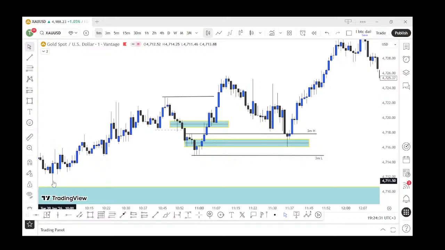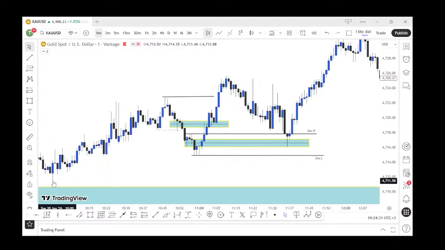Now if you go to 3 minutes, you can see also that this was the candle which took liquidity. After taking liquidity, then we saw entries. So someone can say this could be, let me put it properly like this.